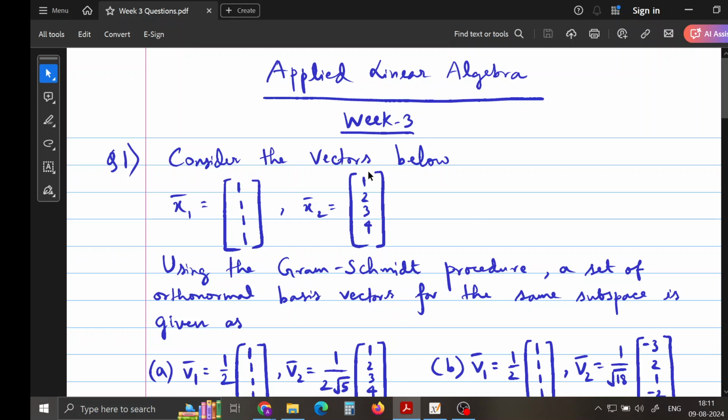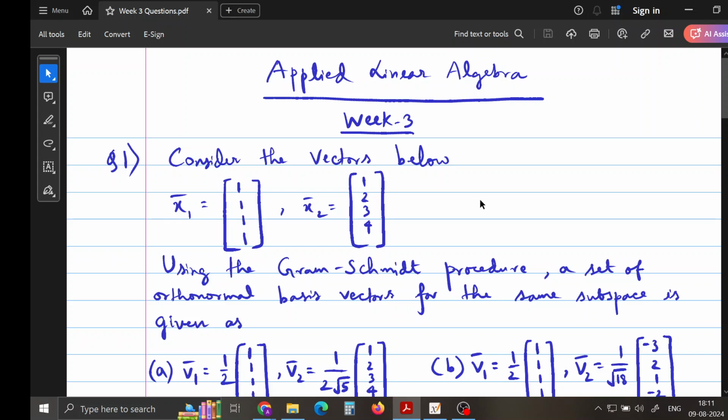So what is the step that we follow for GSOP? Basically, we take the first vector, which is x1 in our case, and we simply normalize it. We divide it by its norm, and we get a unit norm vector, which is the first vector of the orthonormal basis set that we want.